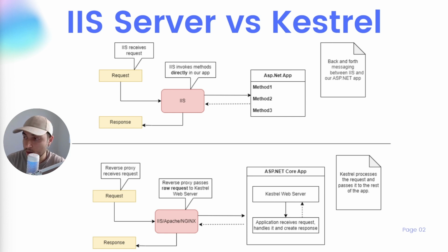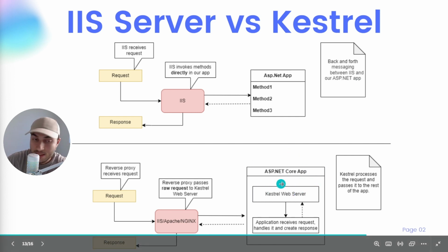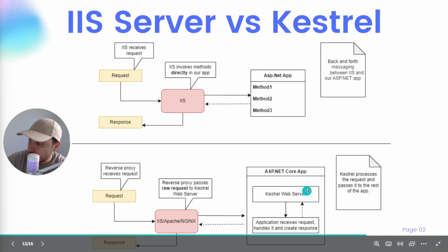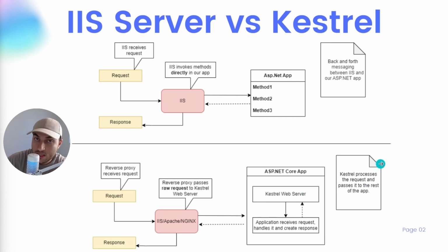And we can analyze this second diagram, which is sitting below, which is basically that, as you can see, the ASP.NET Core application has a self-hosted web server that is in charge of processing the requests and passes it to the rest of the application.